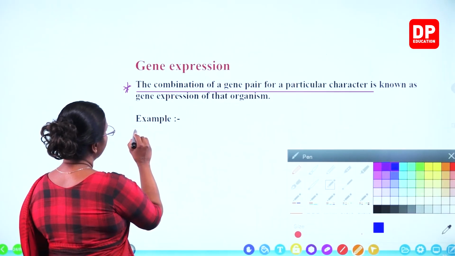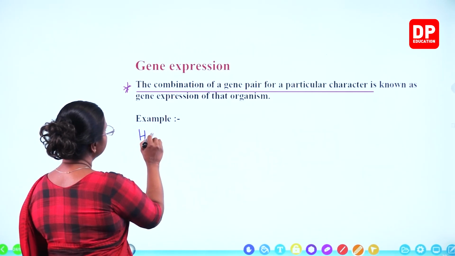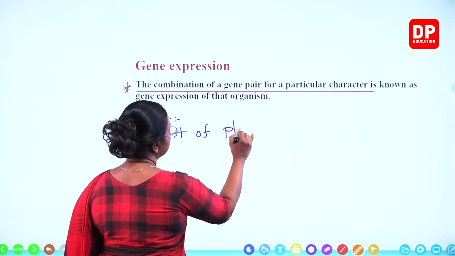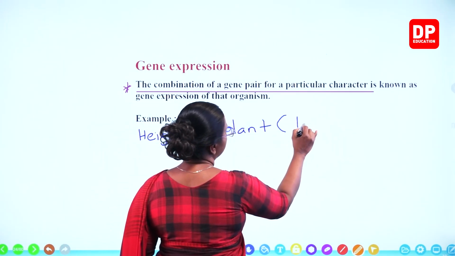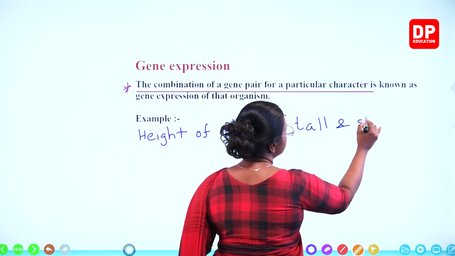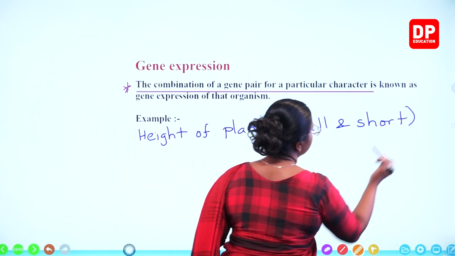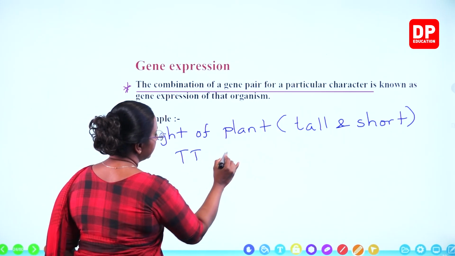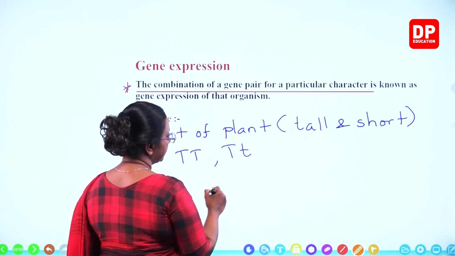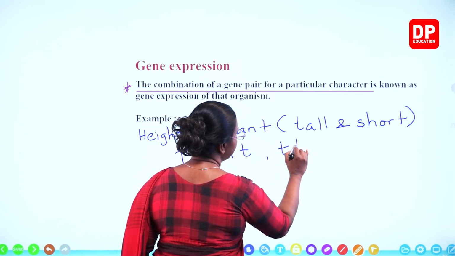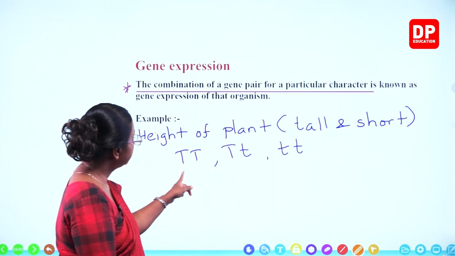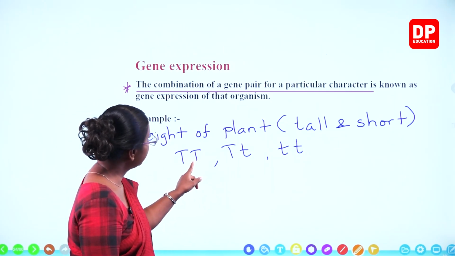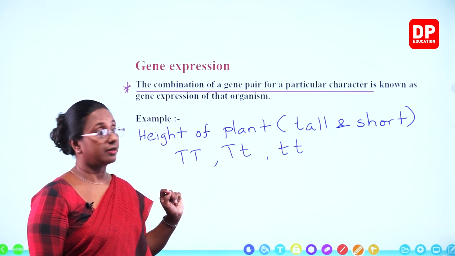Now for the tall or short character, that is the height of the plant. We had tall and short. What were the gene expressions? We had capital T capital T, capital T simple T, and simple T simple T. The 3 types of gene expressions: a pair of genes for a particular character.